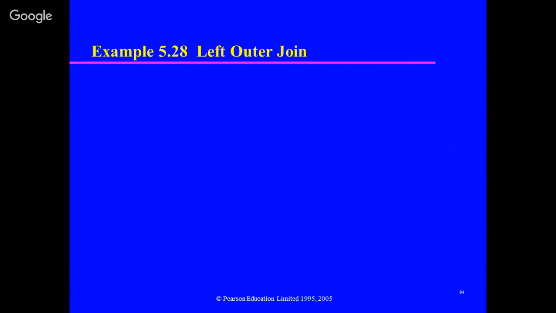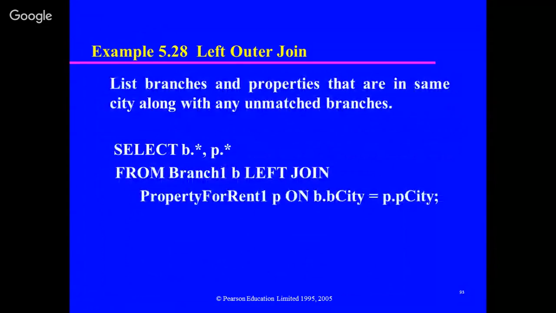Okay, so let me show you the syntax for that. The syntax is very similar to the normal join. In the select clause, you can choose whatever attributes you want. In this particular case, when I say b dot star, I'm saying all attributes from the B table, and p dot star, all the attributes from the P table. From branch B, left join property for rent, right?